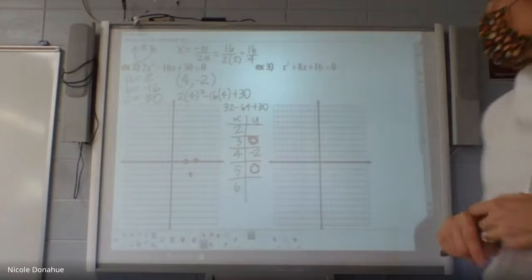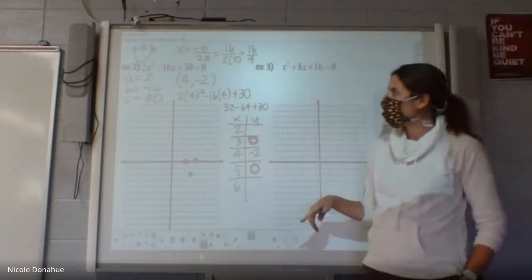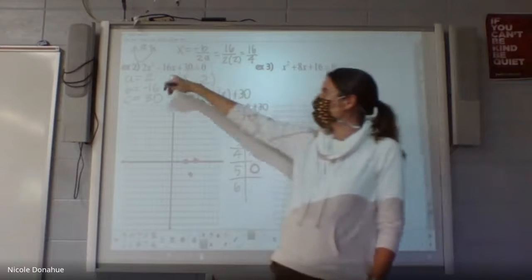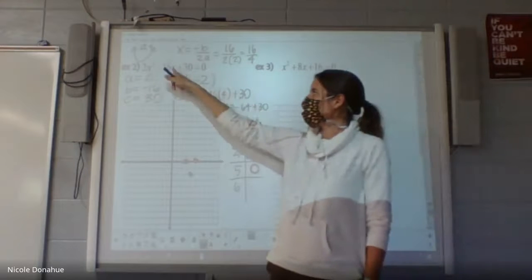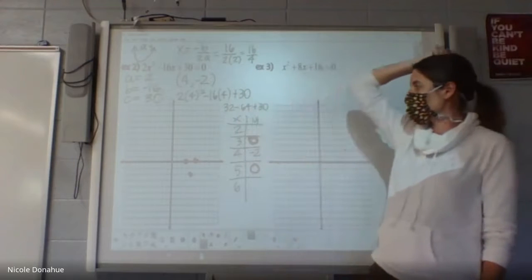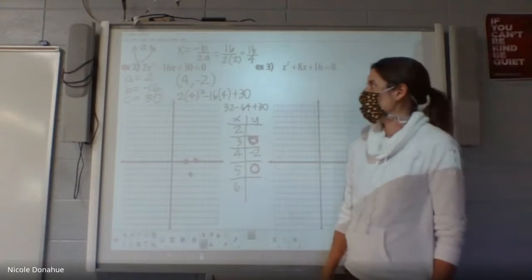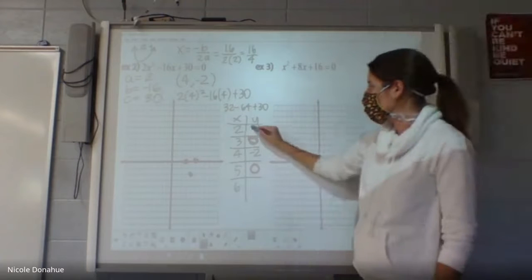All right. Then we have 6 or 2. See, I don't want to multiply the 6 in my head. So I'm going to go with 2. So 2 squared is 4, times 2 is 8. Negative 16 times 2 is a negative 32. So 8 minus 32 is negative 24. Plus 30 is 6.